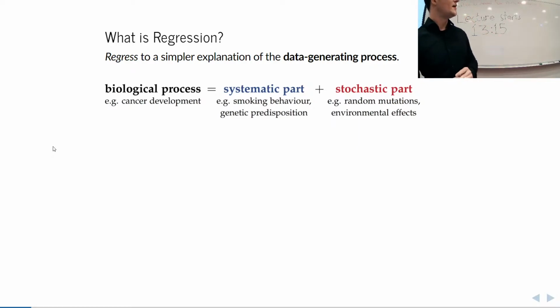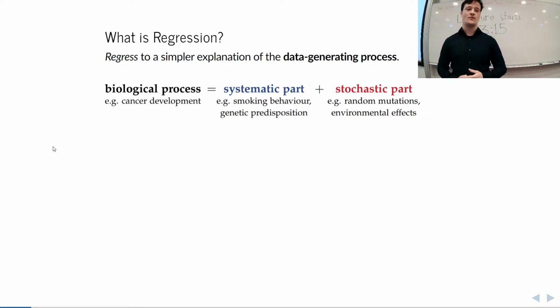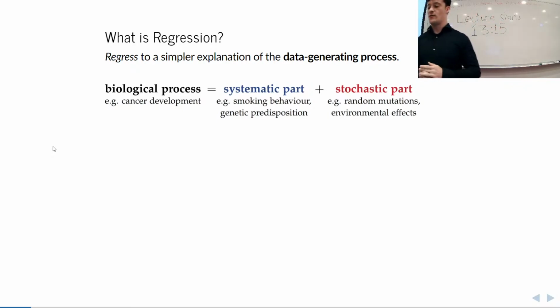so a random part. The systematic part could be that we have a group that smokes and a group that doesn't smoke, so there's a systematic difference between those two. Or some people may have a genetic disposition for cancer, and others may not. And then there's the stochastic part. That's the difficult part. It's basically everything that we do not or cannot measure, or everything that we cannot measure with infinite precision.